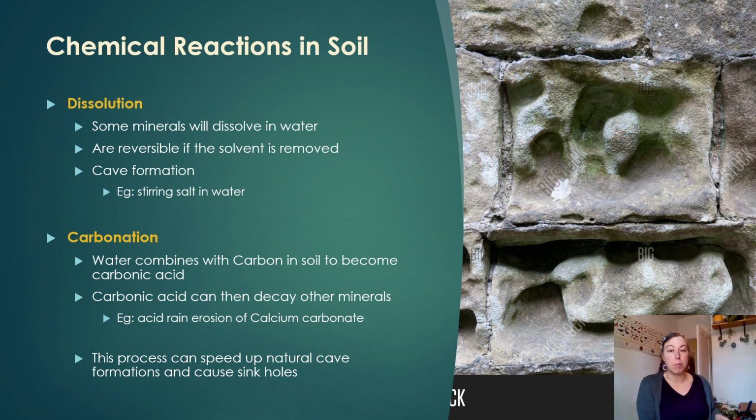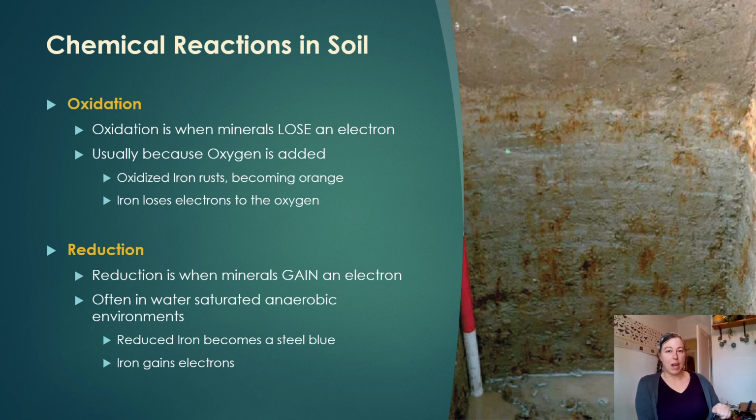So it really speeds up processes, and this is one of the reasons we get sinkholes, because if we have acidic rainwater flowing through these underground water systems, it speeds up that natural dissolution process, and then you get a sinkhole.